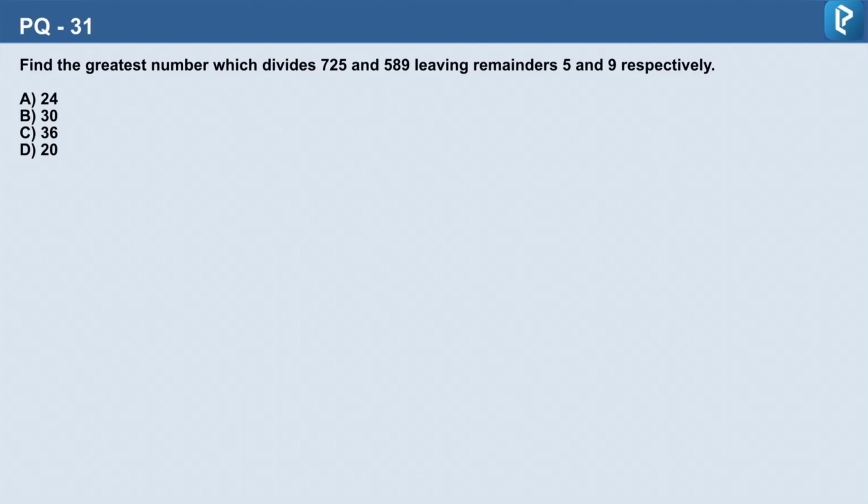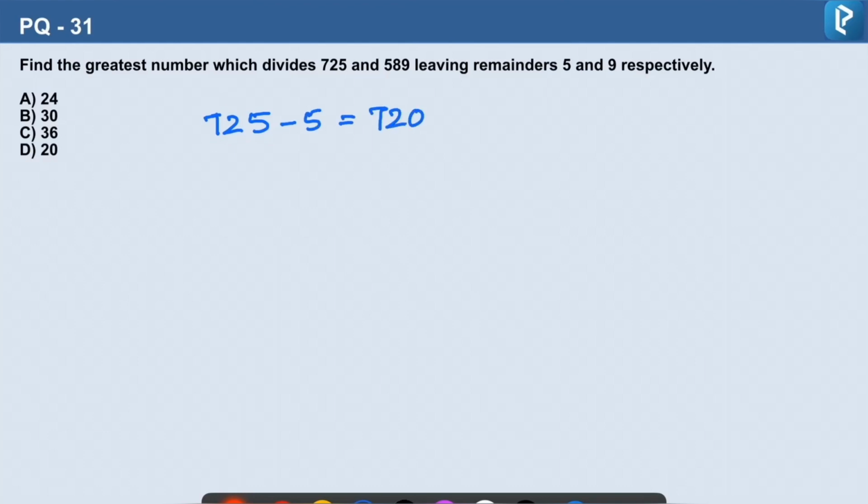And there should be a remainder of 5 and 9, so we have to subtract 5 and 9 from these numbers. 725 minus 5 is 720. Similarly, from 589, we subtract 9, so we get 580.